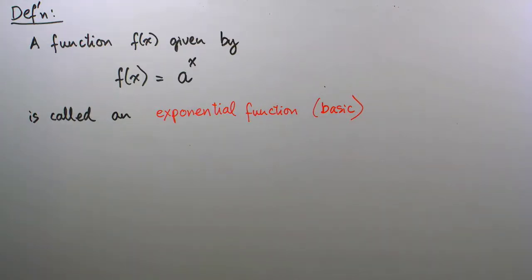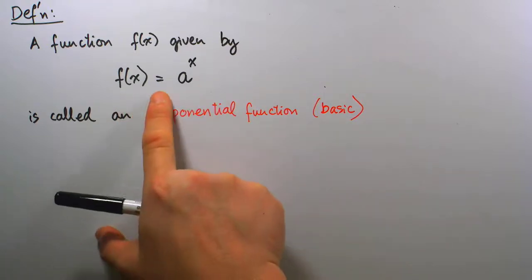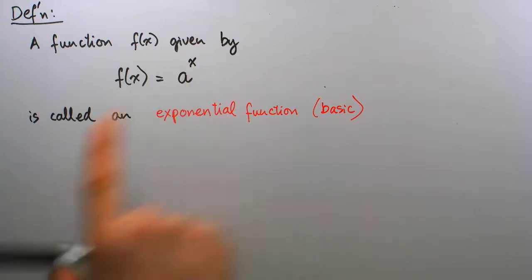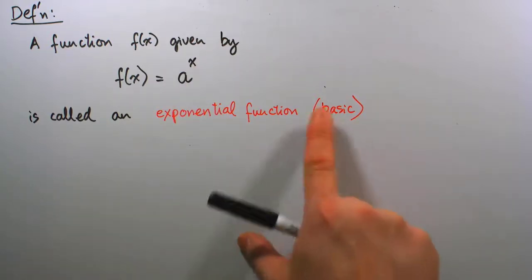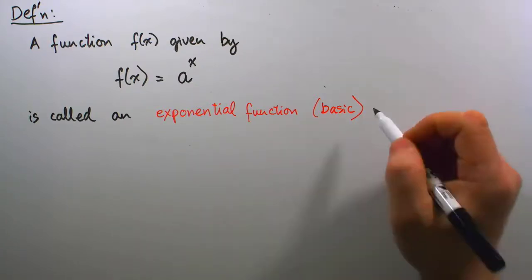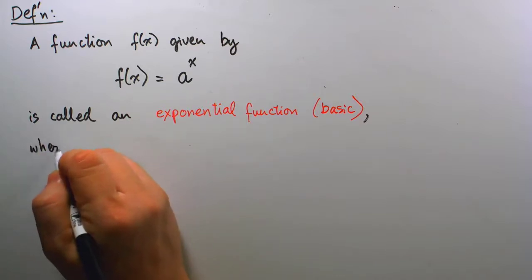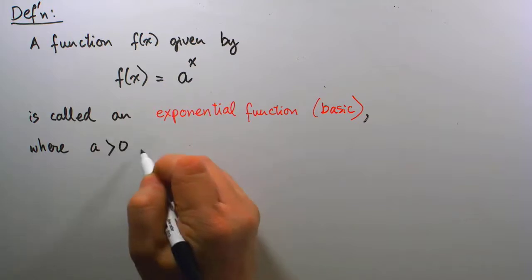And so back in the formal definition, a function f of x being defined in this way, a base a raised to a power x right here is called an exponential function. And as a matter of fact, a basic, and that's why I put basic here in parentheses, a basic exponential function under the requirement that the base a is strictly required to be a positive value.